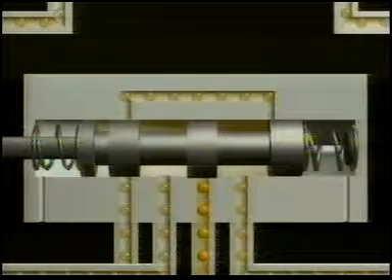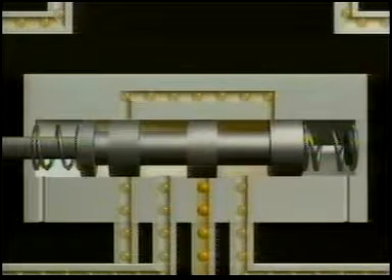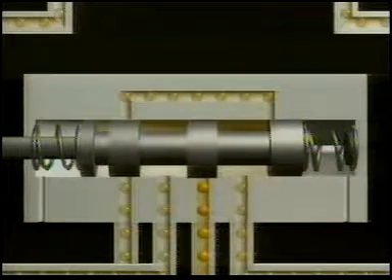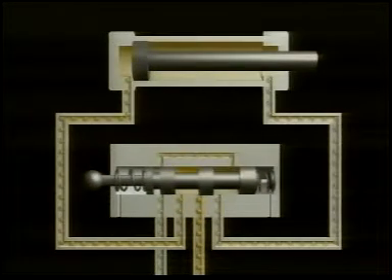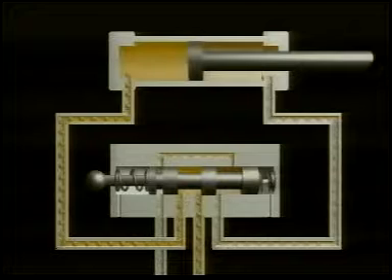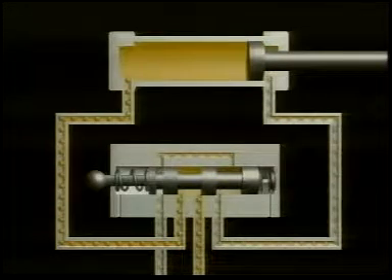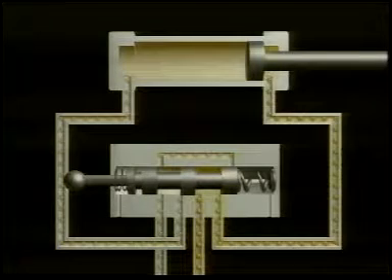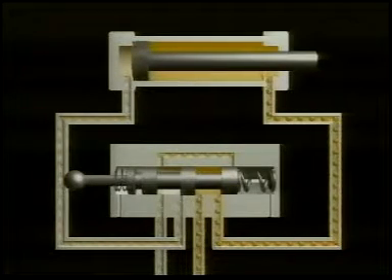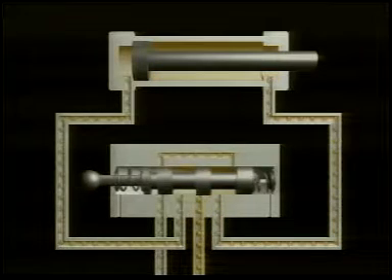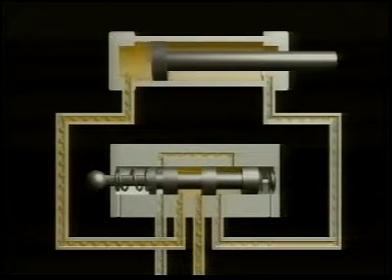This term describes what happens when the valve piston is in the mid position. With this valve, the motion of the piston can be stopped or reversed at any point.